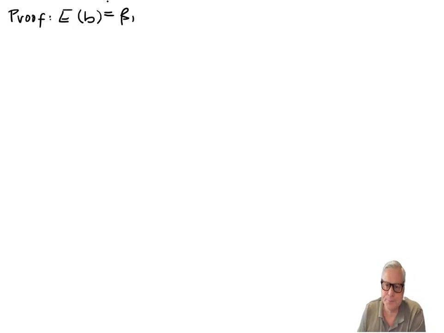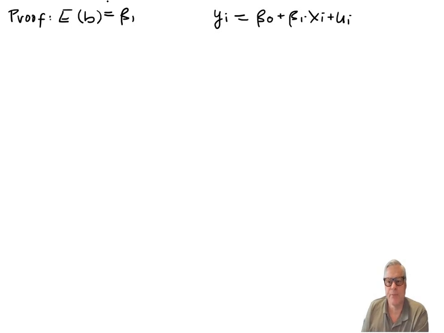And again, we know that in the population, yi is given by the population intercept plus the population slope coefficient times xi plus some residual. Somehow what we need to do is incorporate that relationship into our formula for the slope coefficient.